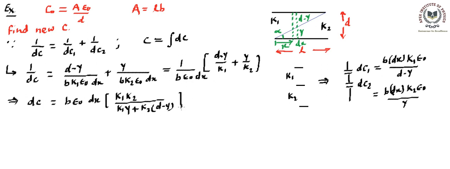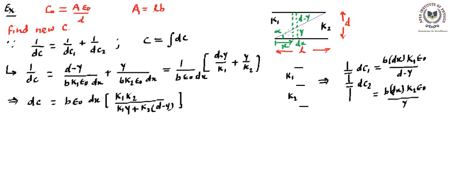If you see carefully how many variables we have in this dC: b is a constant, epsilon naught is a constant, k1, k2 are constants, y is a variable, x is a variable. Now we need to find the relation between y and x. If we can write y in terms of x, then it will be integrable.